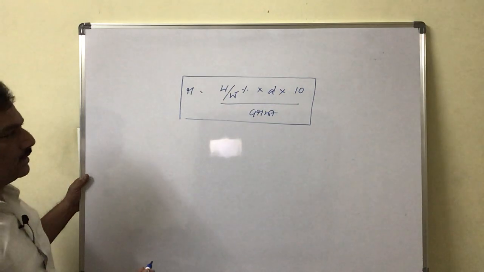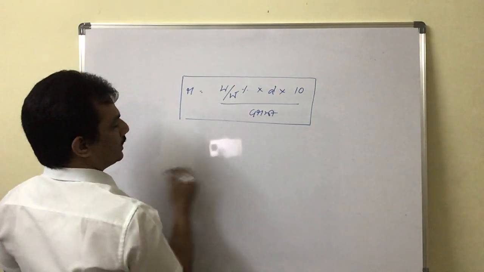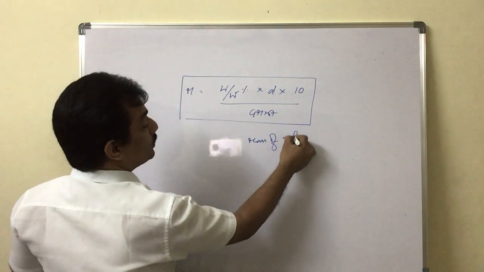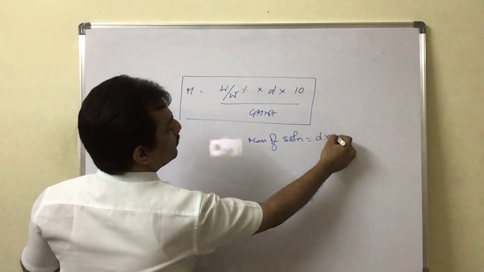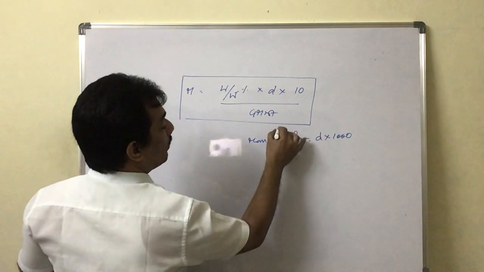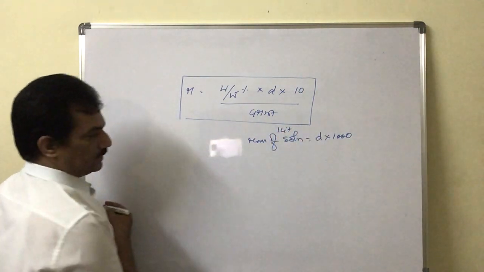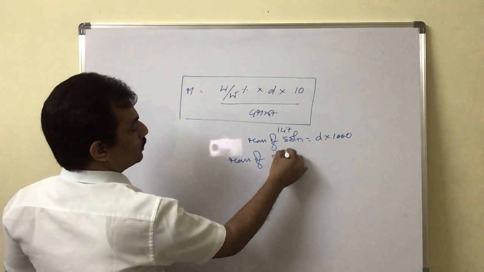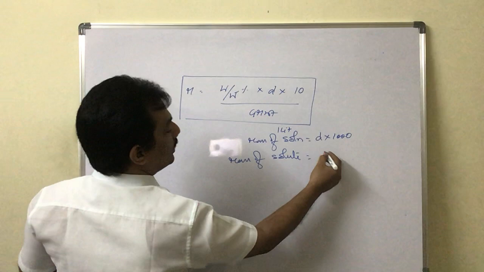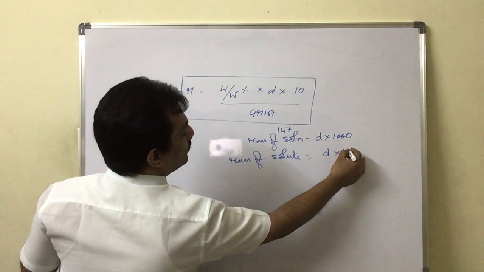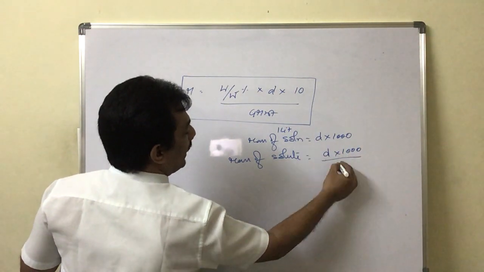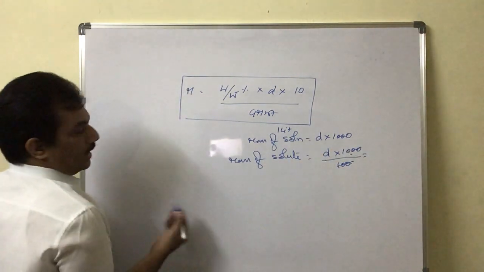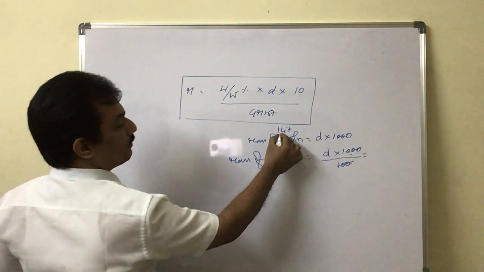How are we getting it? It is nothing but the weight percentage from density. Mass of solution is density into 1000. We can consider the mass of 1 liter of solution. And now mass of solute is given as weight percent into density into 1000 by 100. That is nothing but 10. And now it is for 1 liter.